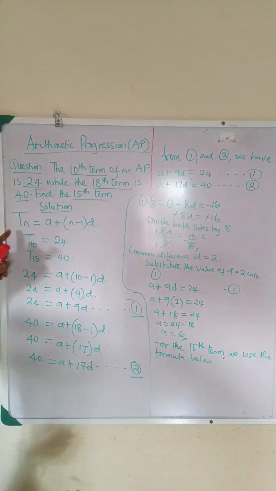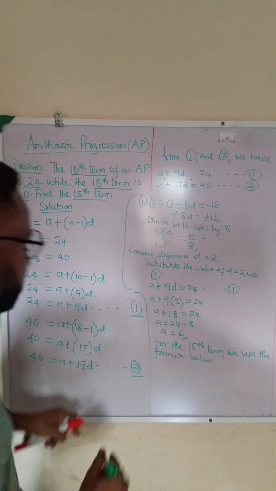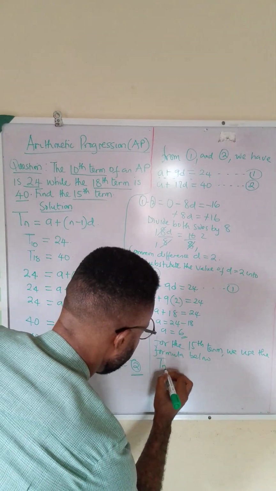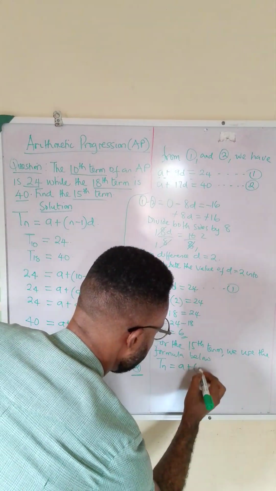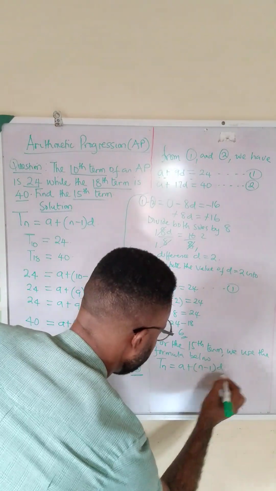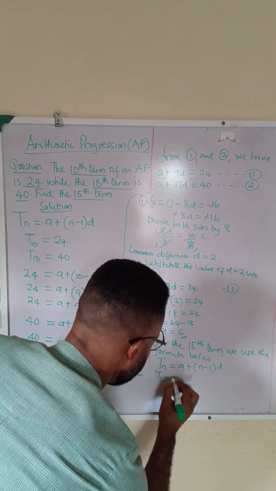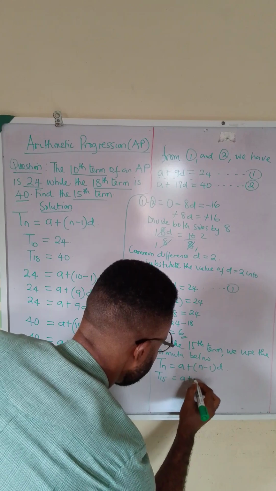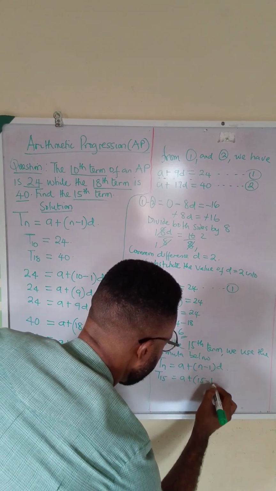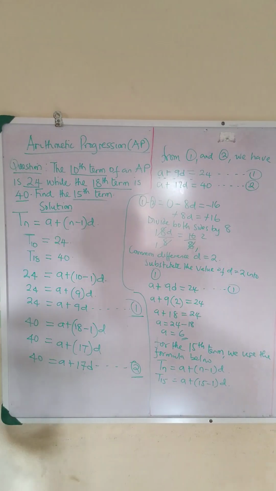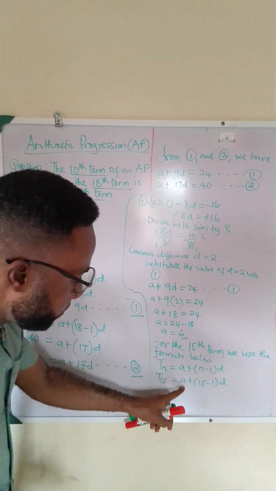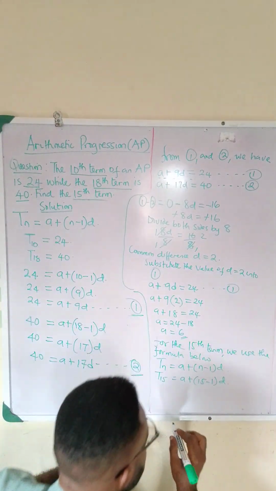The general formula for arithmetic progression is Tn equal to a plus (n minus 1) d. So our T15 will be equal to a plus (15 minus 1) d. So that's what it means. But now we have the values of a and d, so we bring them in.